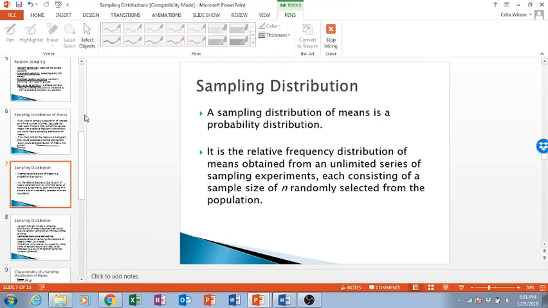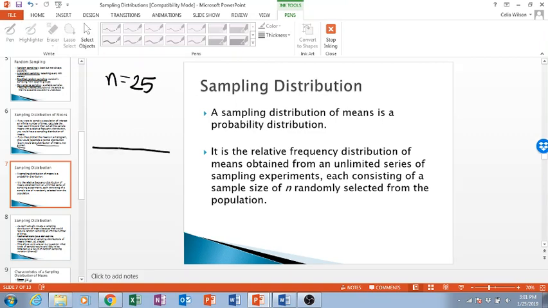All right, so maybe your sample size is 25. So for the sample size 25 of these preschoolers, whatever theoretical sampling distribution there is for that, it's specific to this sample size. So guess what?